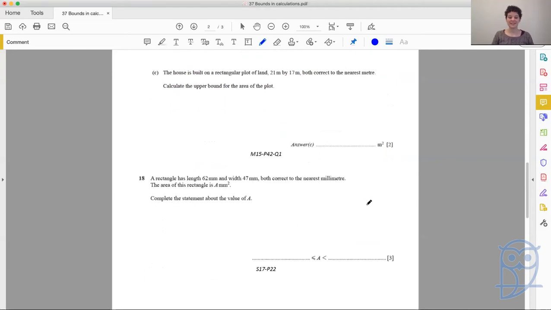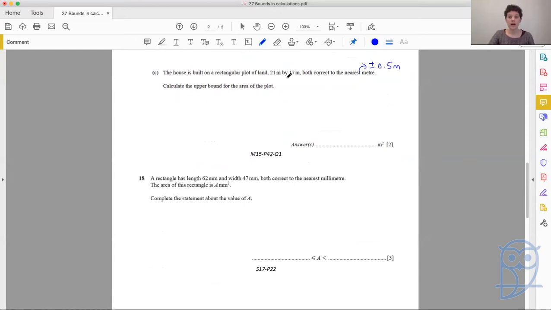The next question. The house, so this is carrying on from previous parts of the question, is built on a rectangular plot of land, 21 meters by 17 meters, both correct to the nearest meter, plus minus 0.5 meters. Calculate the upper bound for the area of the plot.